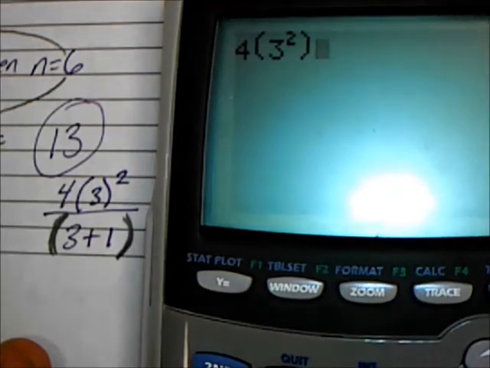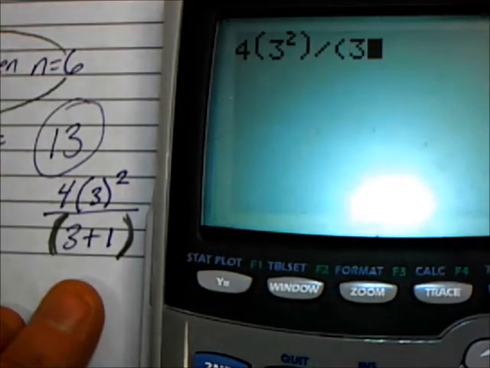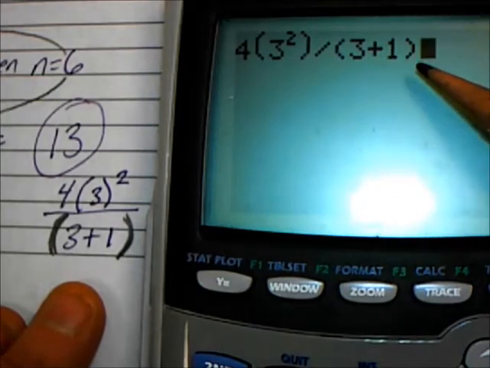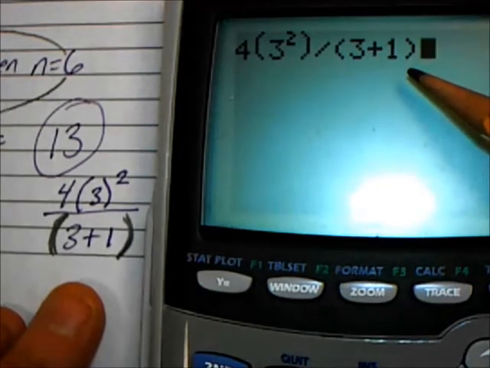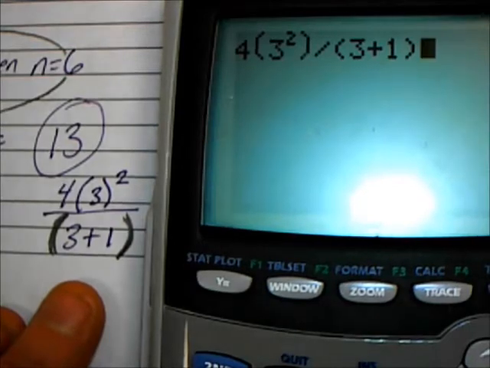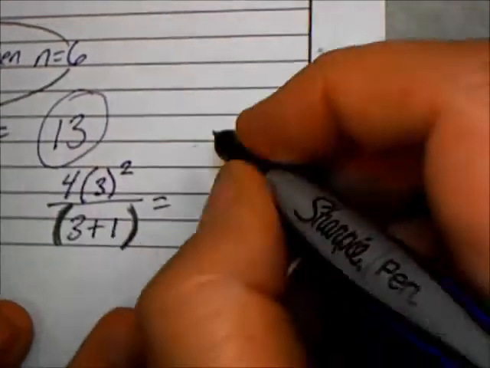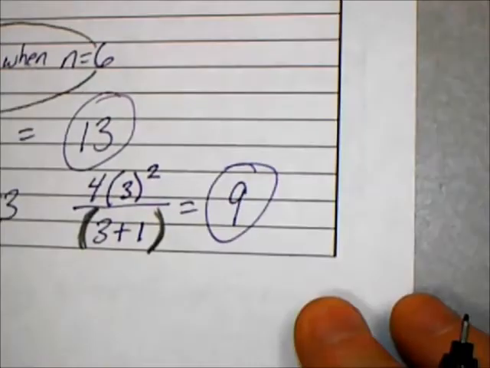I'll close my parentheses, have my divide, and then open up another set of parentheses and have 3 plus 1, and make sure you close that parentheses. Then I'll push enter. My answer is 9. If you did not get 9, then we need to talk about how you entered those values.